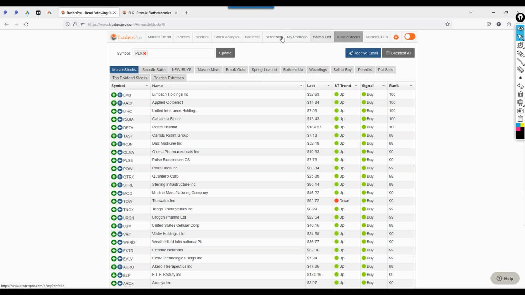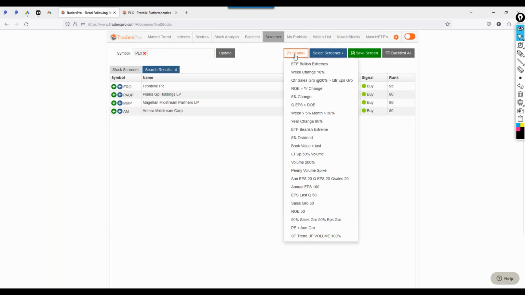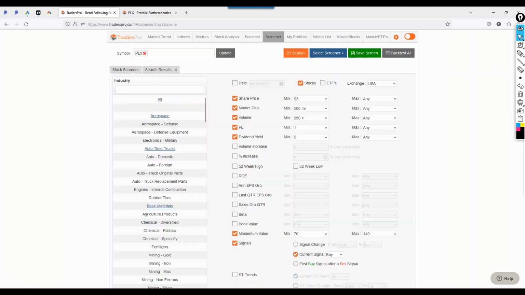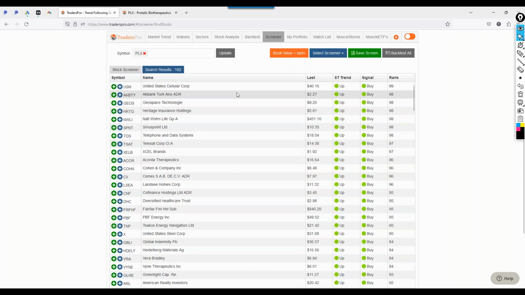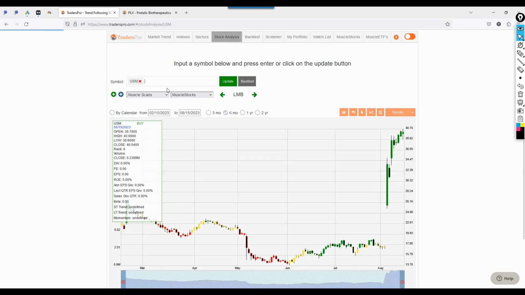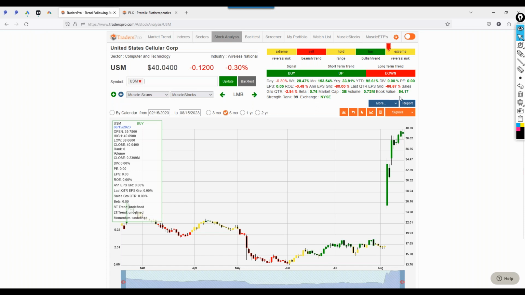The only time I place value into it is if you go into the screener and you go to the 21 scans. There's a scan in here that I built out called book value greater than the last price. This one is cool because this one's going to find stocks that have a book value, 54, that is higher than the price. And typically, if book value is higher than the price, the price will catch up to it.